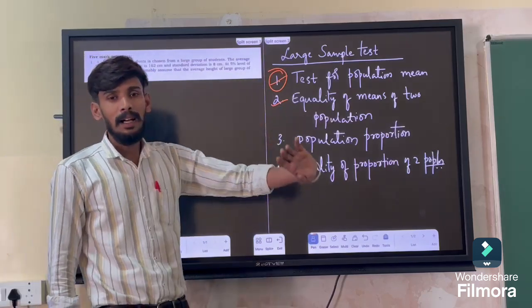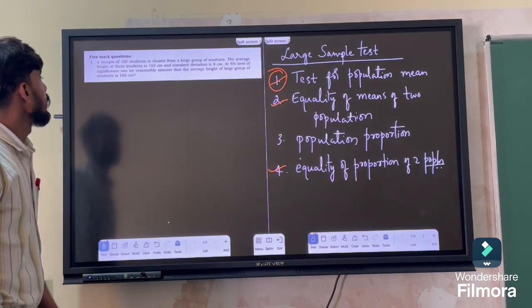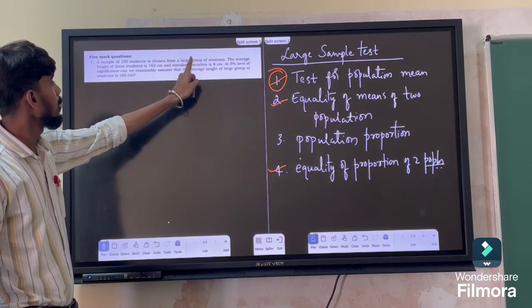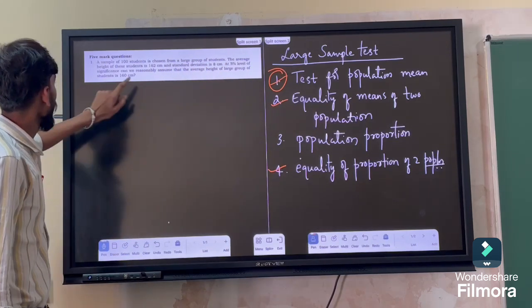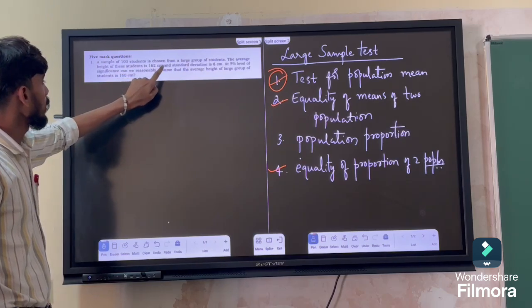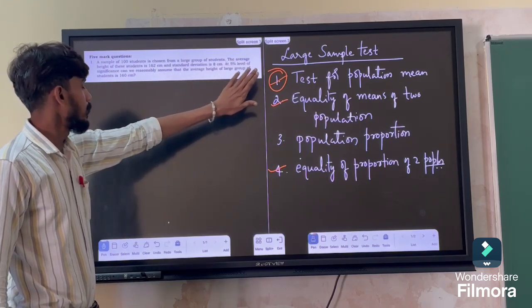The question would be asked like this: a sample of 100 students is chosen from a large group of students. The average height of these students is 162 centimeter and standard deviation is 8 centimeter.